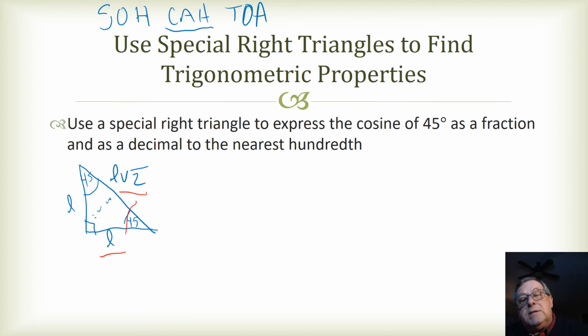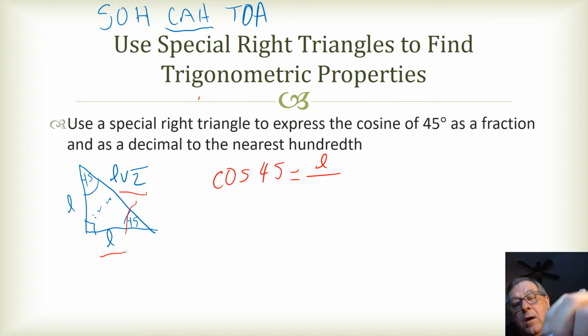And so we can say then that the cosine of 45 is equal to the adjacent, which we identified as L, over the hypotenuse, which is L times the square root of 2. Well, I've got two L's here, one in the numerator, one in the denominator. If I divide L into L, I'm going to get 1. So now I've got 1 over the square root of 2.